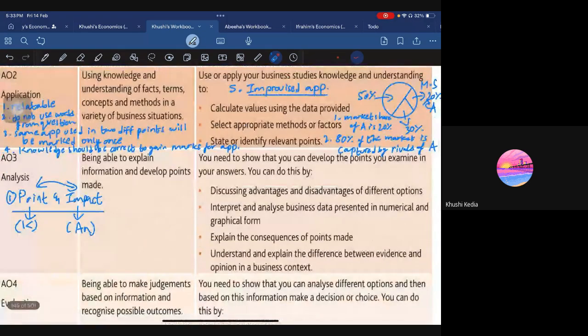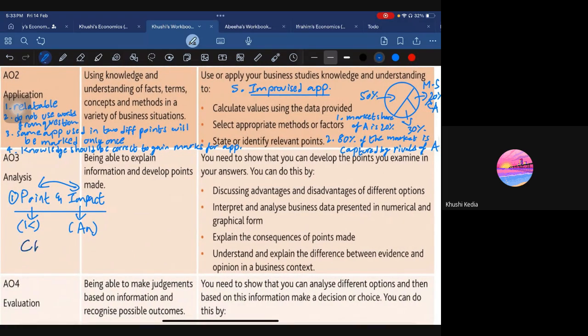Now, coming to the analysis, we said that in analysis, we make a chain. So it's a point and impact thing. The point that you write is your knowledge, and the impact of this is your analysis. So the advantages and disadvantages you could add here.